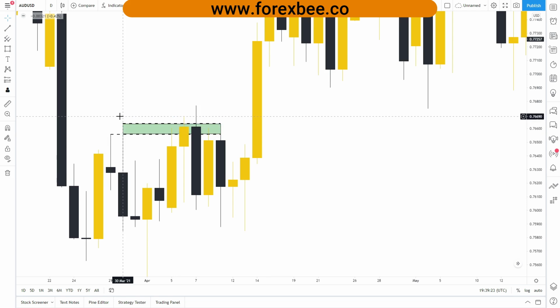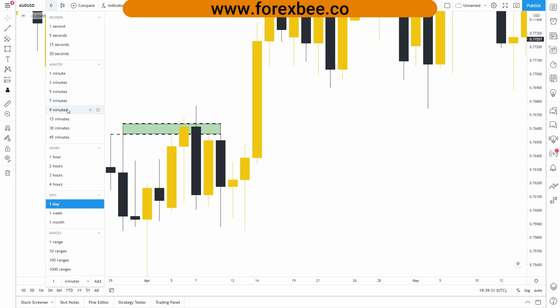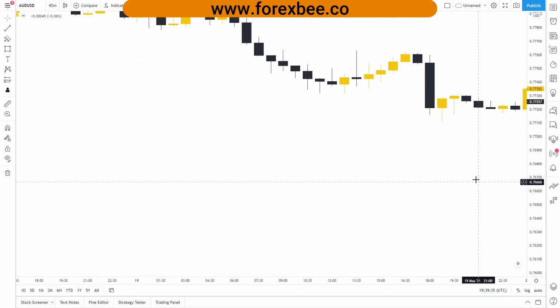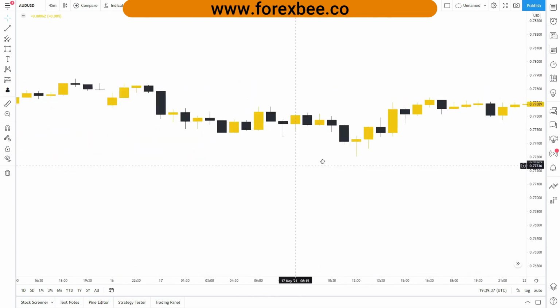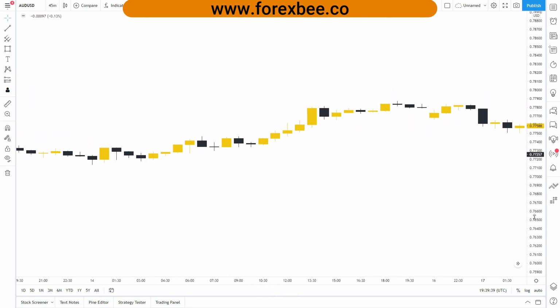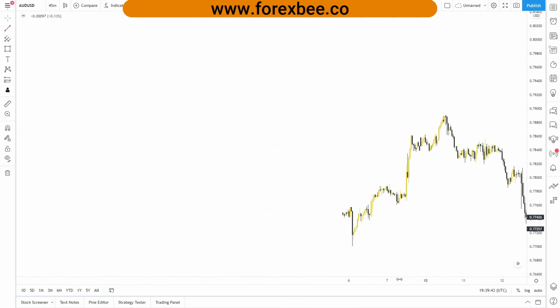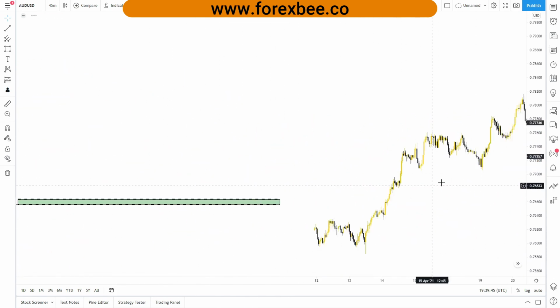Now in order to open a position, I'll need to go into a lower time frame, because right now we are in the daily time frame. So let me go into the 45-minute time frame, and let me spot the resistance level which we have just drawn. Let me decrease the size.